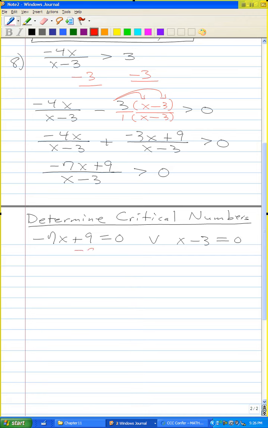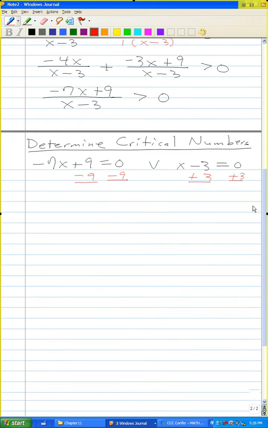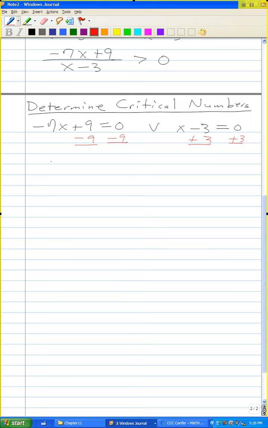Subtract 9, add 3. I have negative 7x equals negative 9, divide by negative 7, and so x is equal to 9 over 7. And so I have here two critical numbers. Let me place those on my number line.